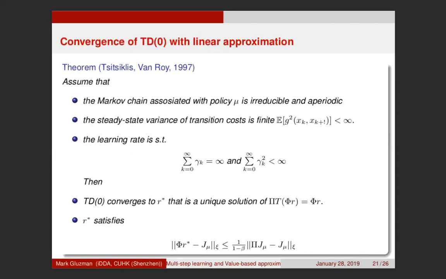If the discount factor is very large, for instance 0.99, which is used in many problems, then even if TD0 has converged, the estimation can be very bad.